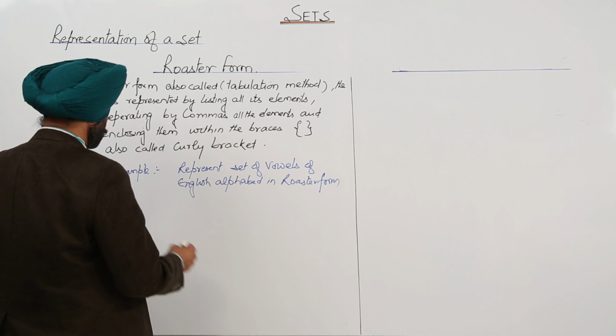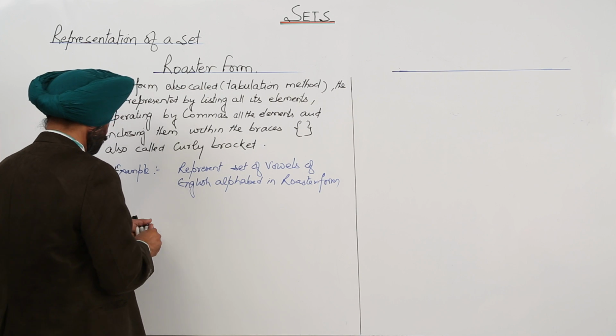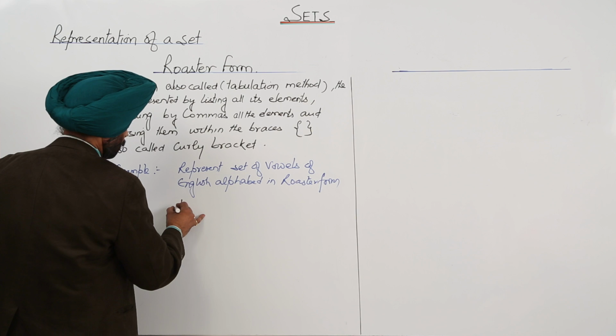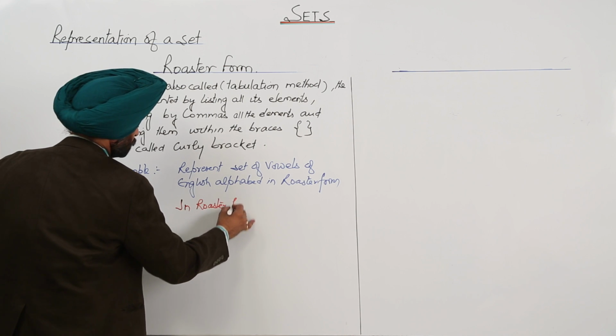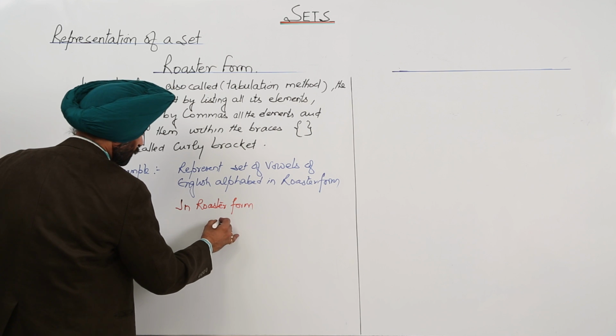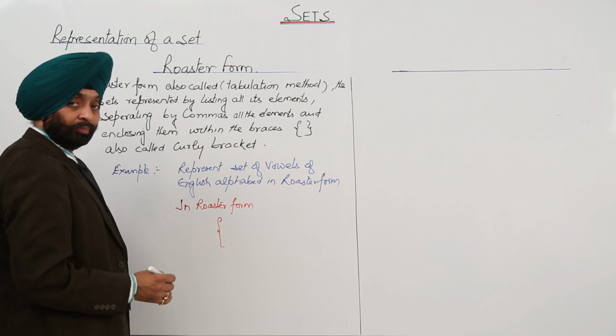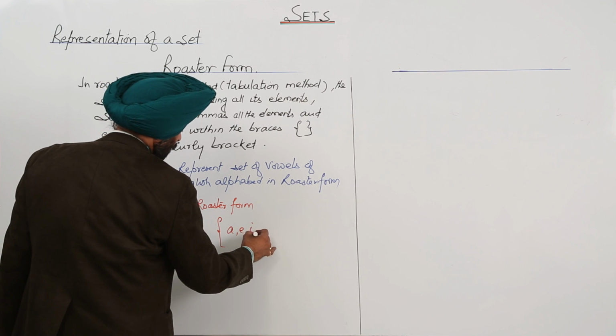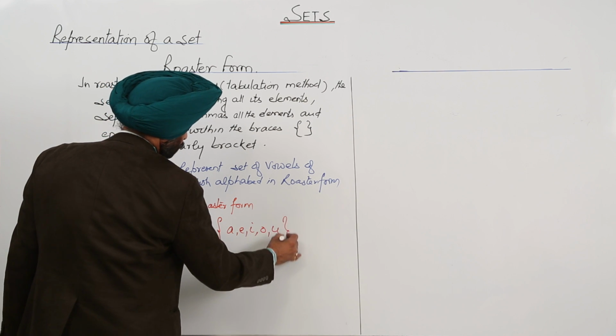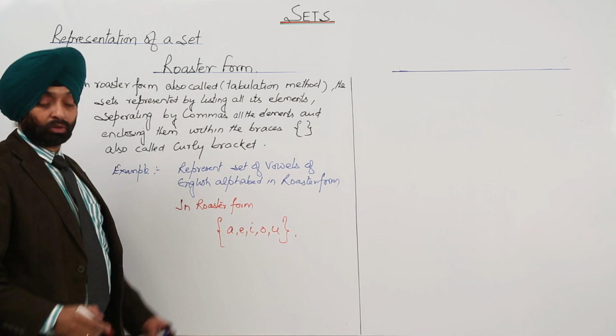Okay, so in roster form, what are we going to write? In the braces, all the elements A, E, I, O, U. This is in the roster form.